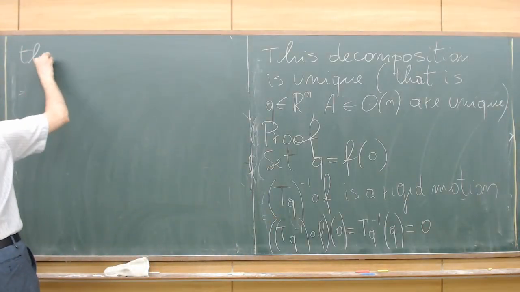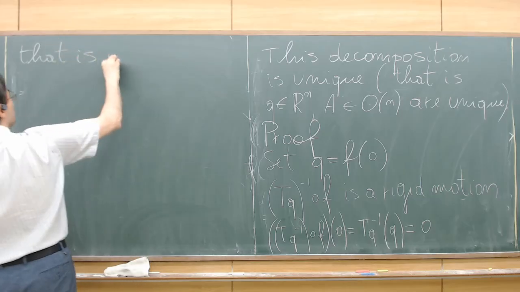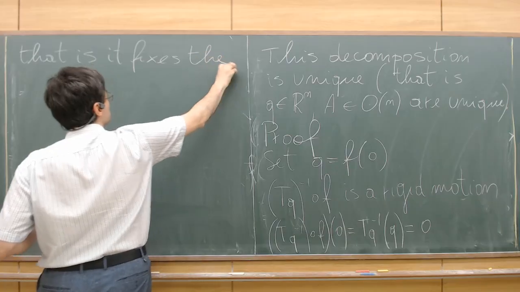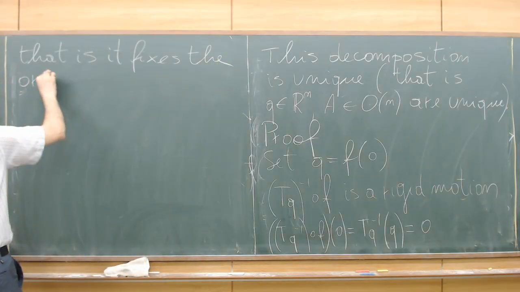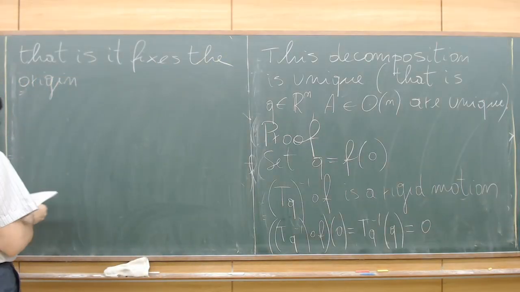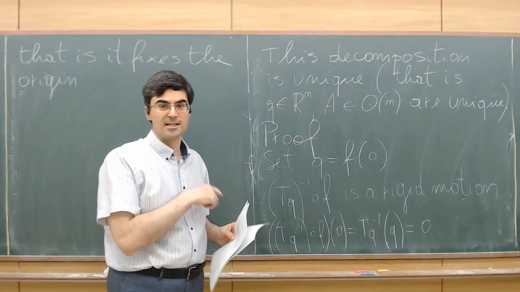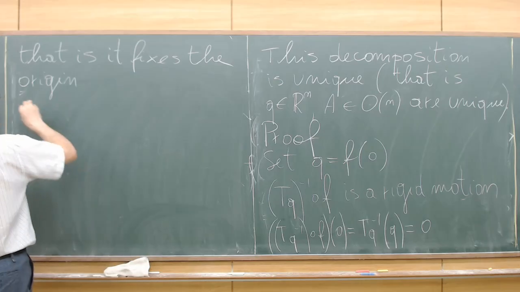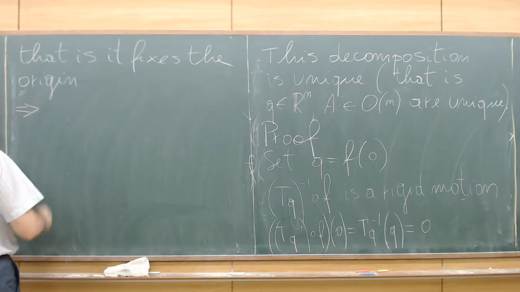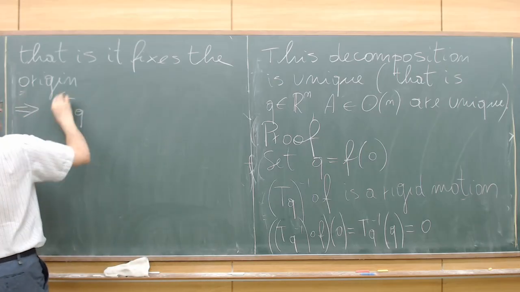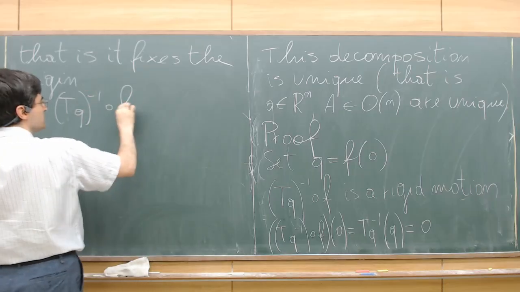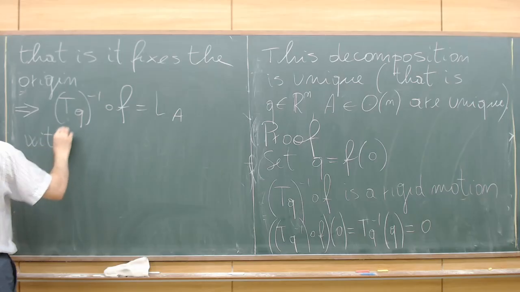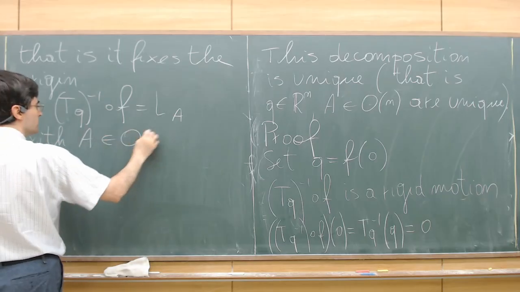That is, it fixes the origin. Then we can use the result presented a few minutes ago. TQ inverse composed with F is LA with some A in On.